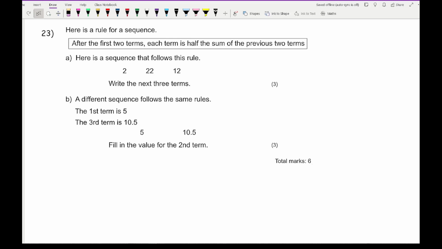So again, after the first 2 terms, each term is half the sum of the previous 2. So to work out the next term, I've got to add these 2 numbers together. 22 plus 12 is going to give me 34, and 34 divided by 2 gives me an answer of 17. Then I add those 2 numbers up, so 12 plus 17 is 27.